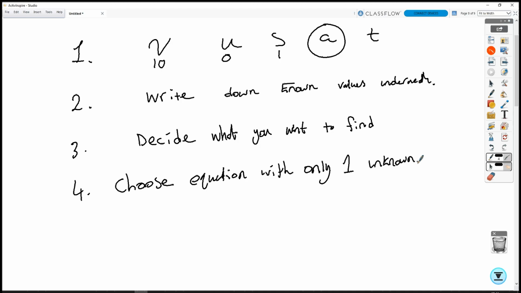We're interested in working out acceleration. We're not interested in working out time. So out of those equations, we can't use v = u + at, because that contains time and a. We can't use s = ut + ½at², because it contains time. We can't use s = vt − ½at², because that contains time. So we're going to use v² = u² + 2as, because that only has one unknown, which is a. So that will be the equation that we're going to use in this example.